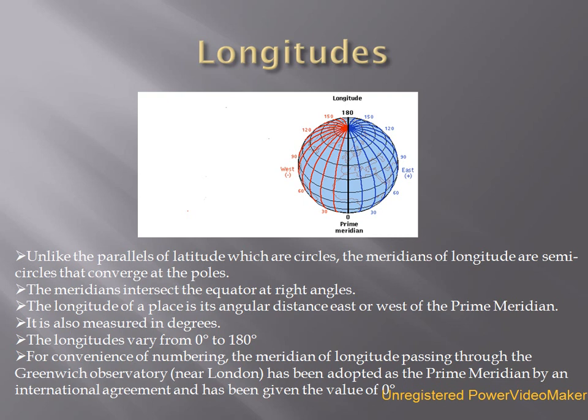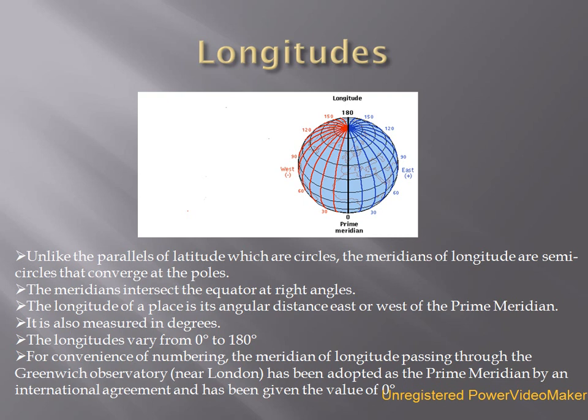Now in the slide you will see a picture. In this picture there are some lines which are running from North Pole to South Pole. The blue color lines show the meridians running in the eastern hemisphere, and the red color lines show the meridians in the western hemisphere.